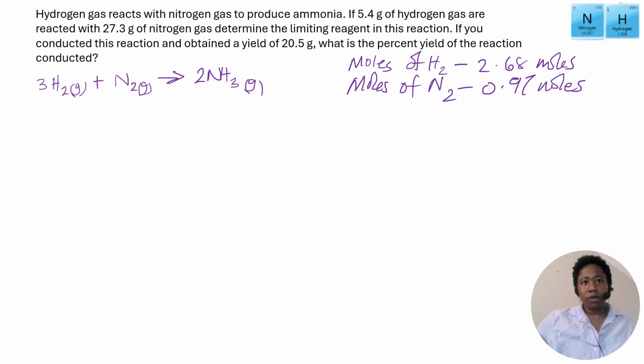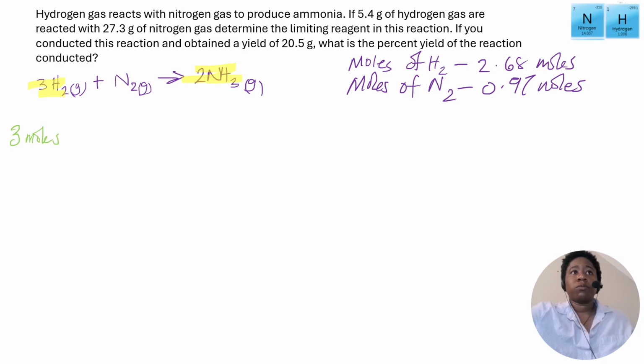So let's look at the relationship between hydrogen and ammonia first. Okay, the equation tells us that for every 3 moles of hydrogen that is reacted, we will produce 2 moles of ammonia. And that's the relationship.